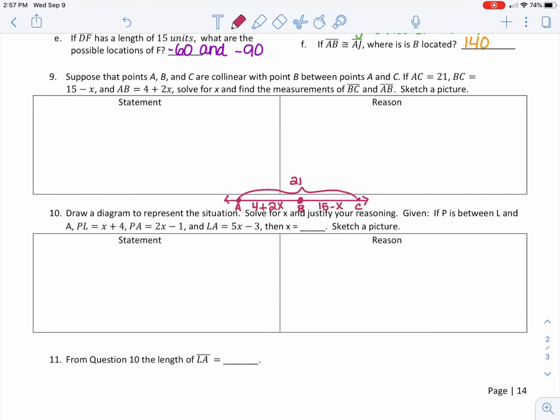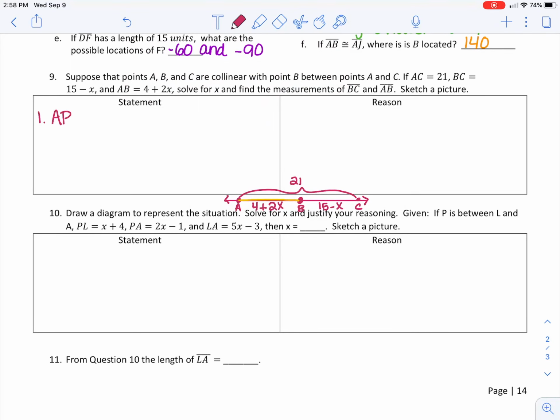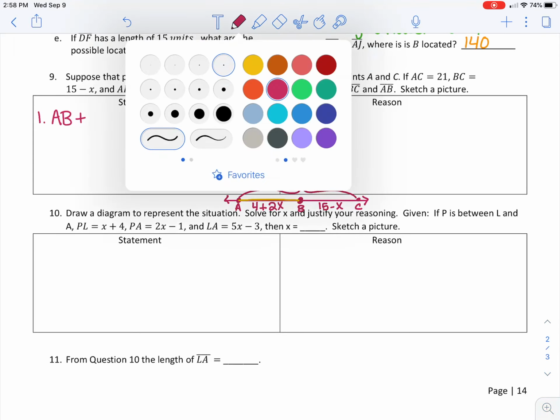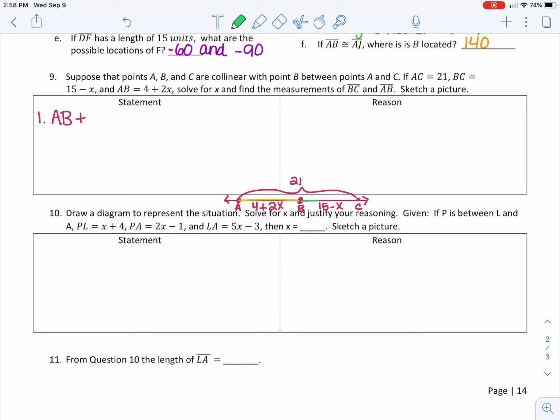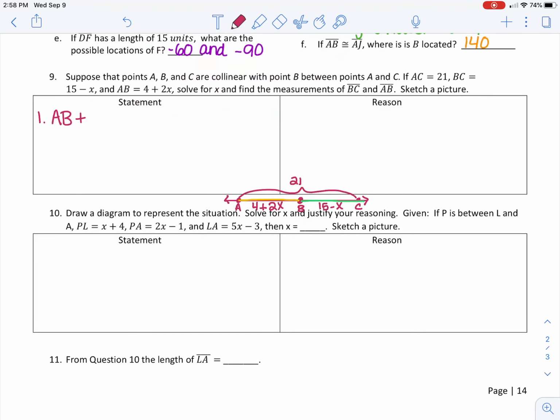Whenever we're doing problems like this, we always want to start out with the first statement being that AB plus my other portion, so plus BC, is equal to the entire distance across that line.